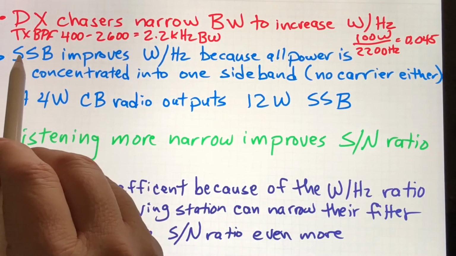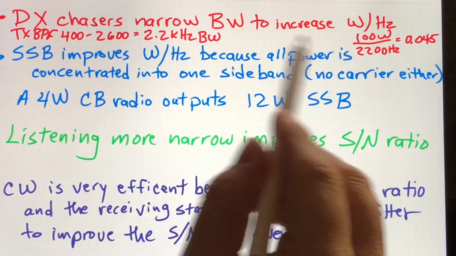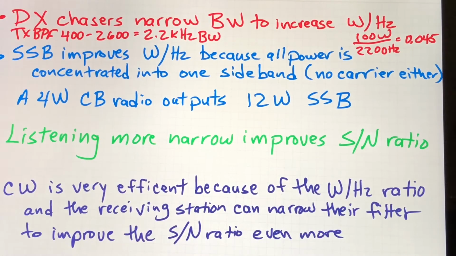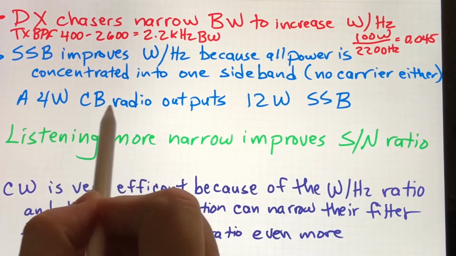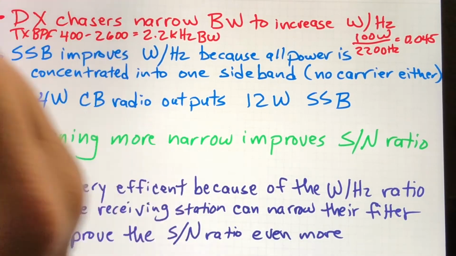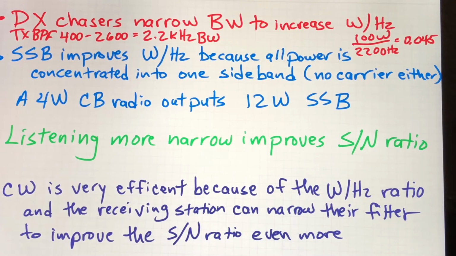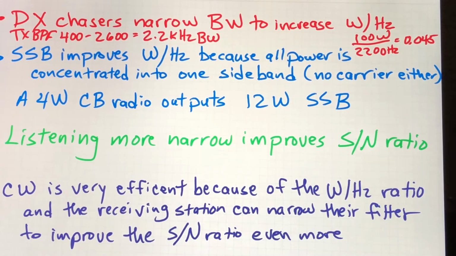Think about this. SSB improves the watts per hertz because all the power is concentrated into one sideband, no carrier either. If you think about the old 4-watt CB radio, that was the AM output, 4 watts. But you could buy a CB radio, you can today, that will do single sideband, lower sideband and upper sideband. And in those modes, the CB radios put out 12 watts.